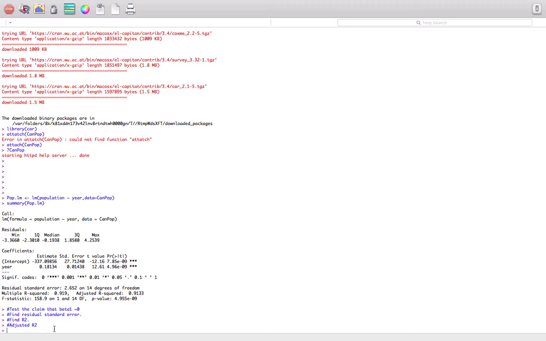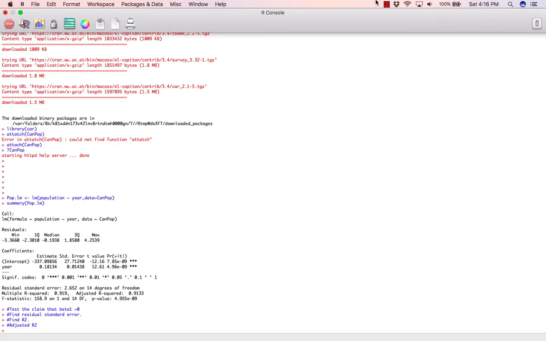The regular R squared of the entire model is 0.919, so that's pretty good. The adjusted R squared is 0.9133, also good. Okay. So that's pretty typical stuff for a 2-variable model. All right. So that's what we have so far. But there's more.